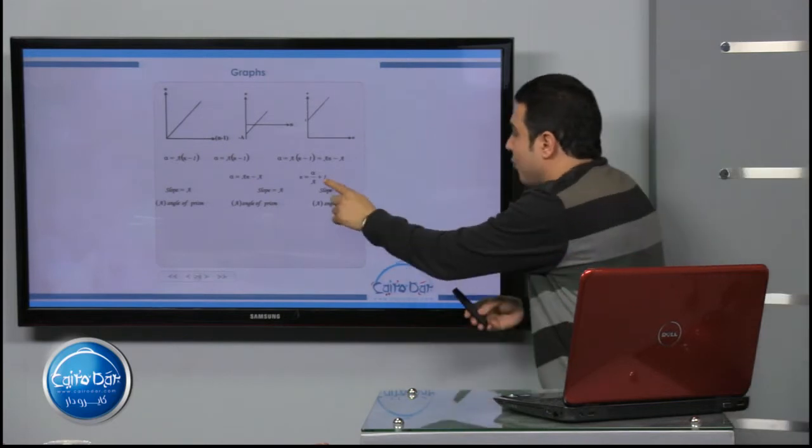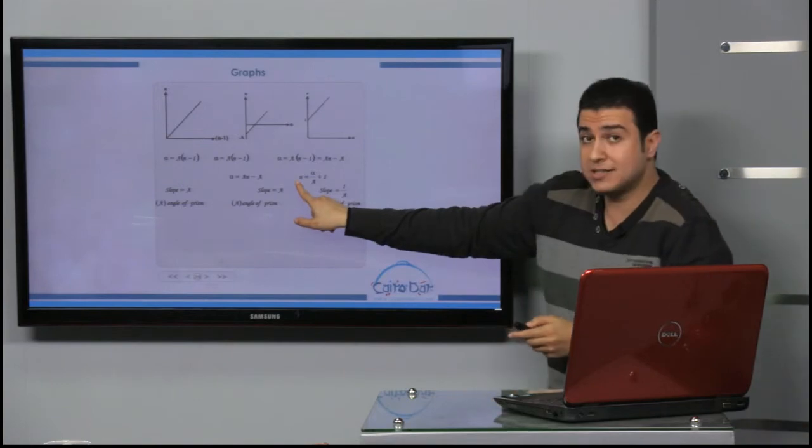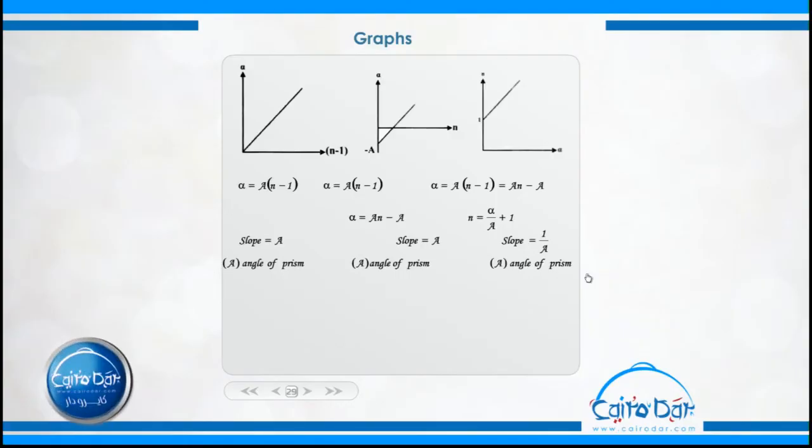So this 1 is the intercept on the y-axis, and n equals alpha over A plus 1.